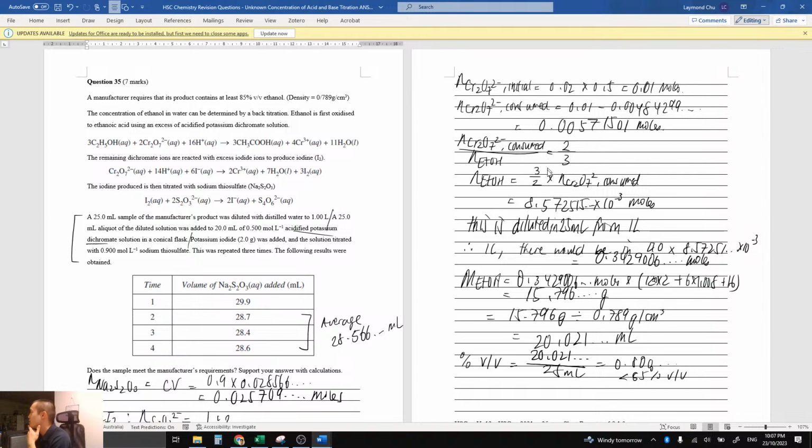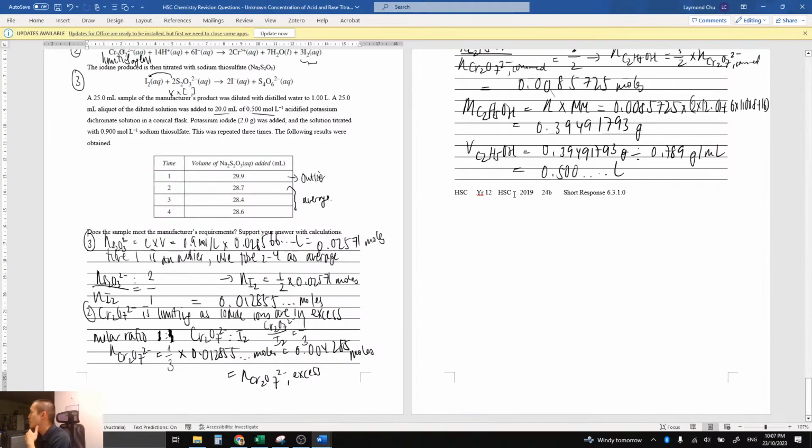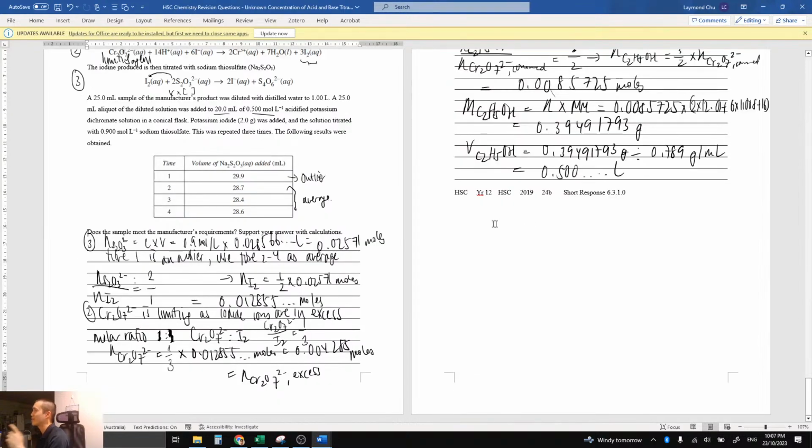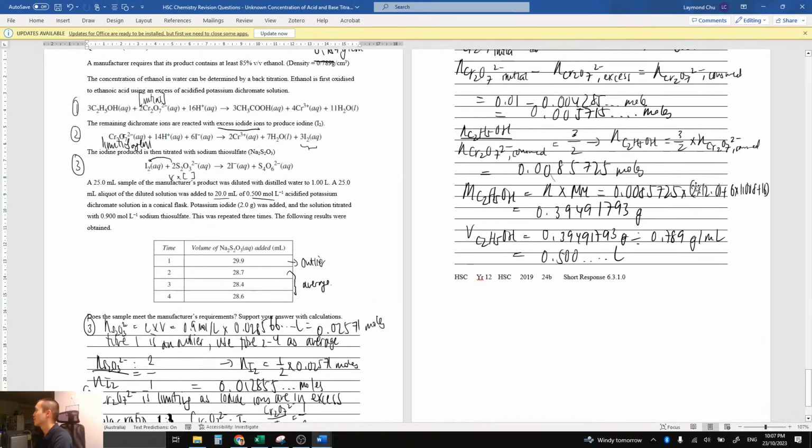Ah, is my ratio wrong? No, I got that. So then what's wrong? Ah, again, we missed the step of dilution. Very good. It's caught us out again. So this is the moles of the diluted.